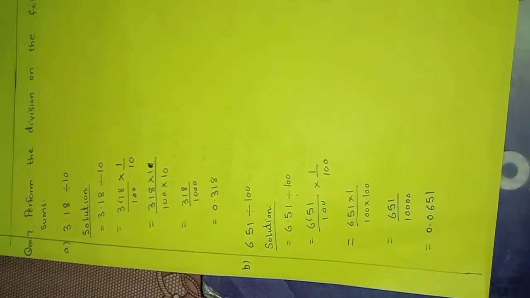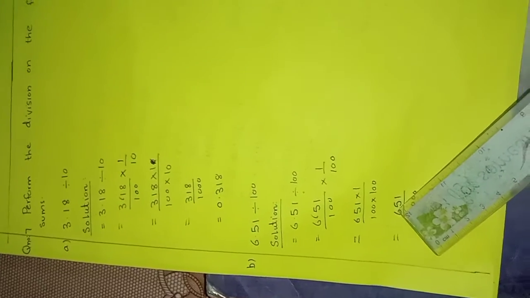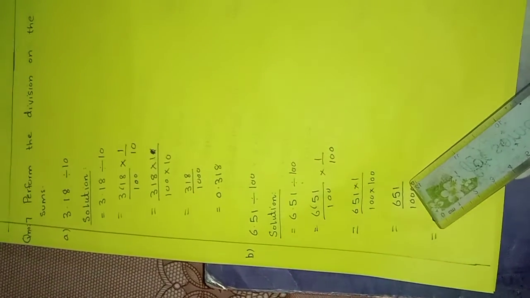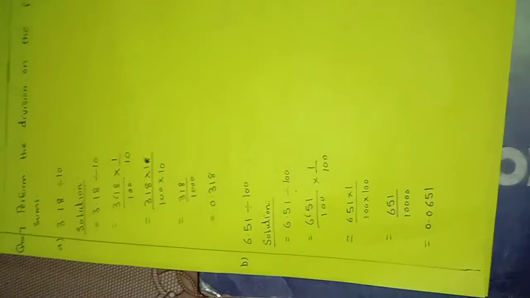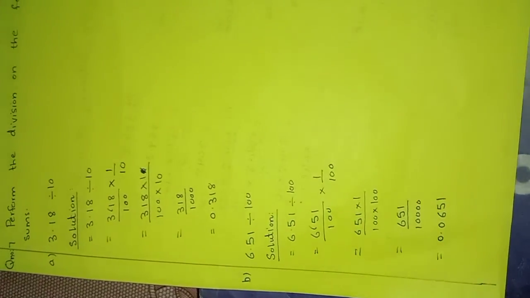After that we will place another 0 and then we will write 651, because if we read out the number, 6 is at the 10th place, 5 is at the 100th place and 1 is at the 1000th place, but we have 10,000 in the denominator, so we will place 0 in the 10th place and write the rest of the number at their actual place. 1 should be at the 10,000th place, so we will write 0.0651.